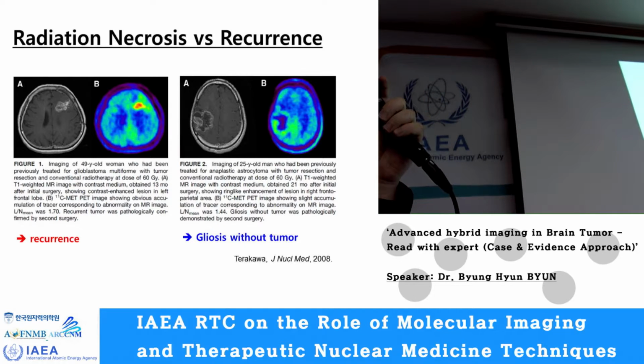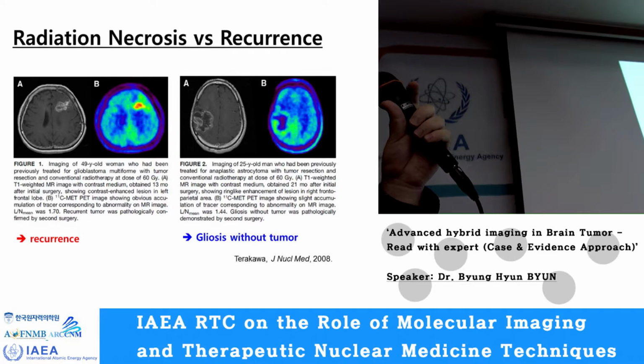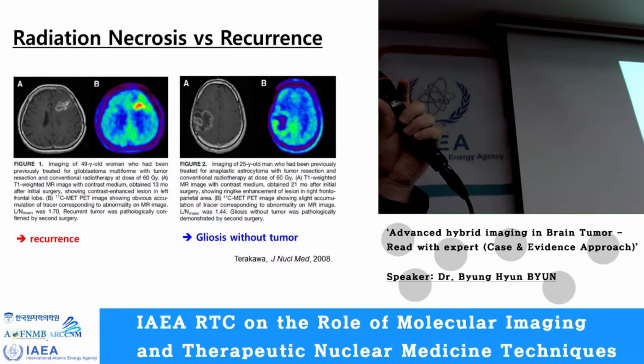In the images on the right, this is an image of a 25-year-old man who had been treated for anaplastic astrocytoma with tumor resection and radiotherapy. There was an enhancing region. There was an increased uptake, but the activity is somewhat lower than this.